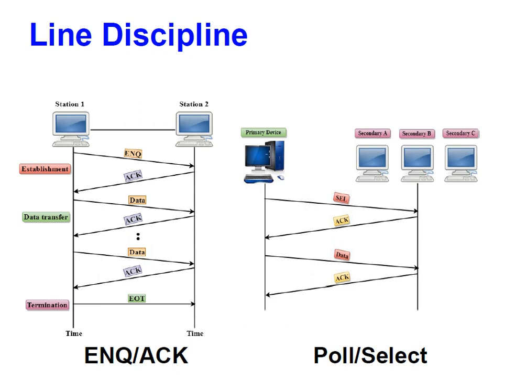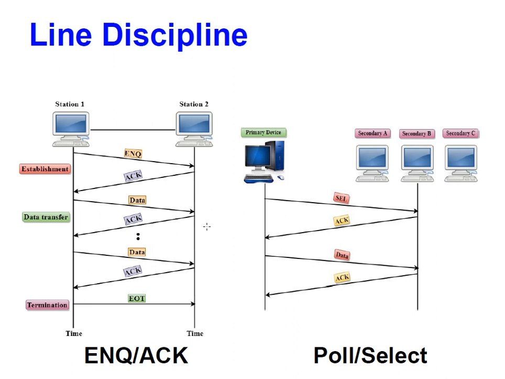So assume that the primary device wants to communicate with secondary B. It sends the select frame. After getting the select frame, when secondary B is ready to receive the data, it sends an acknowledgement.